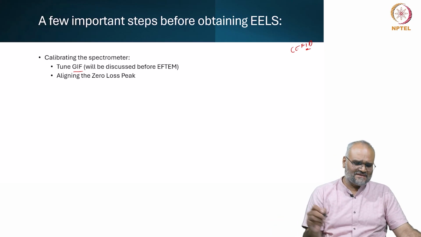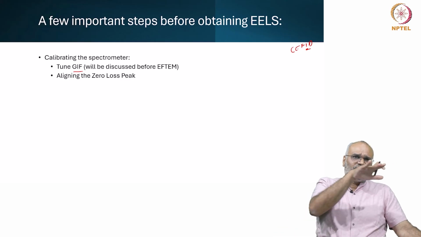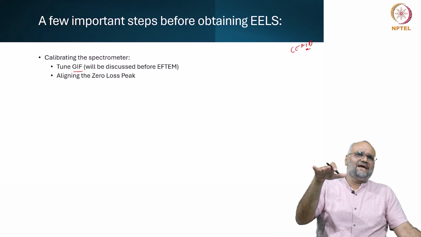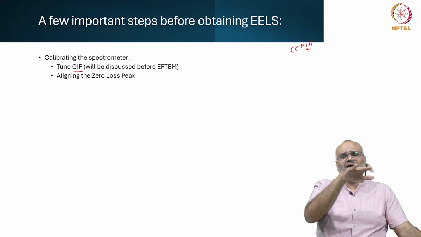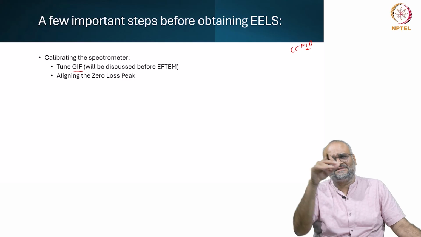The first step is to ensure that the dispersion plane of the spectrometer is as achromatic as possible, or make it as isochromatic a surface as possible.